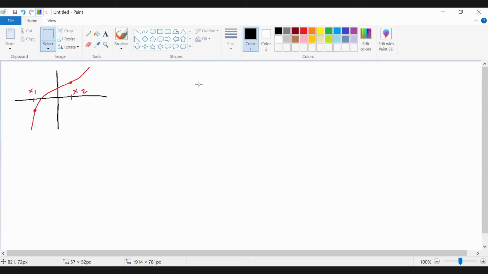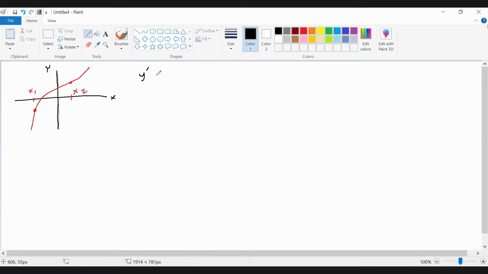If the values are increasing in all values of this interval, then the function is increasing. So we can determine this using our first derivative rule.